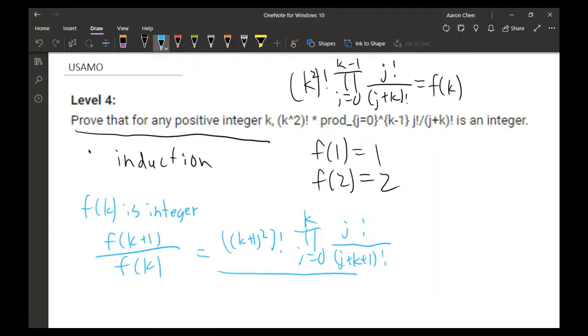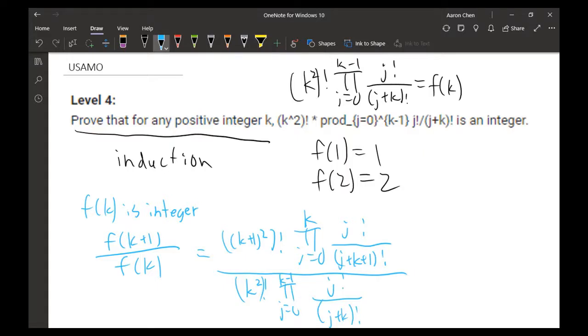And this is divided by k squared factorial times the product from j equals 0 to k minus 1 of j factorial divided by j plus k factorial.